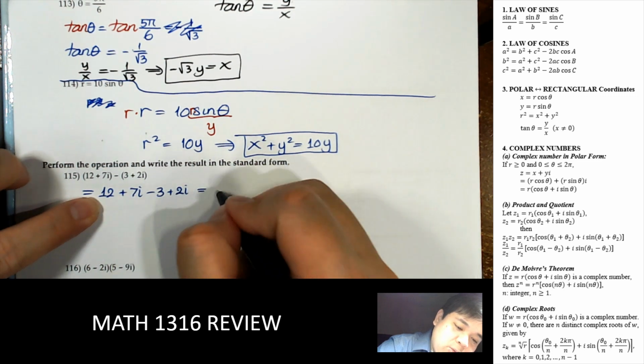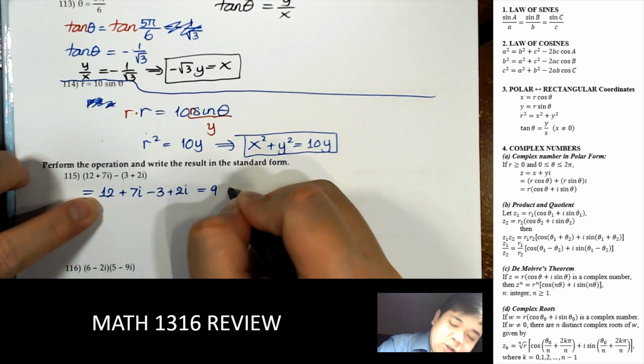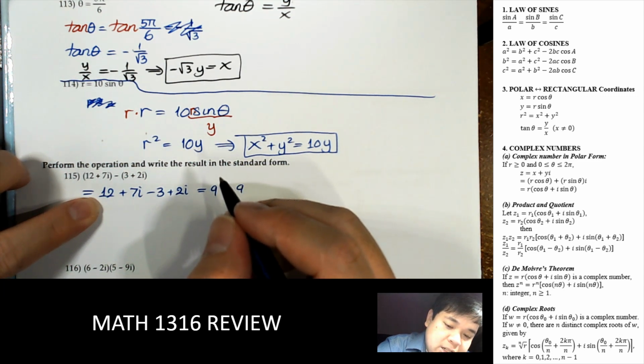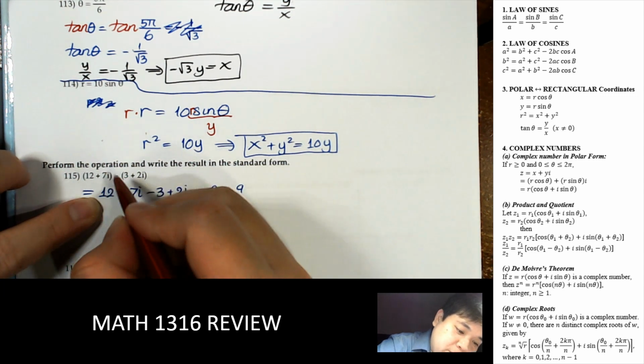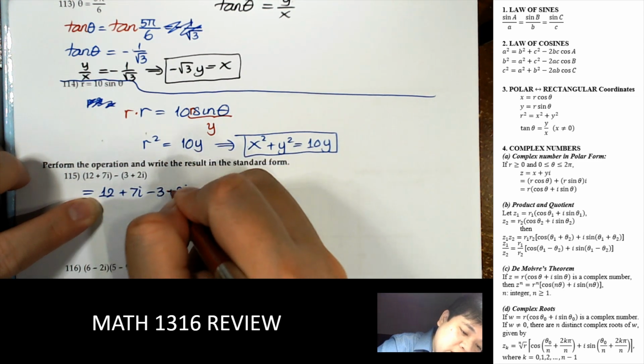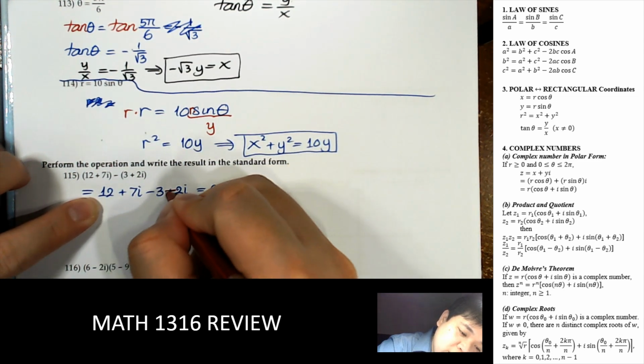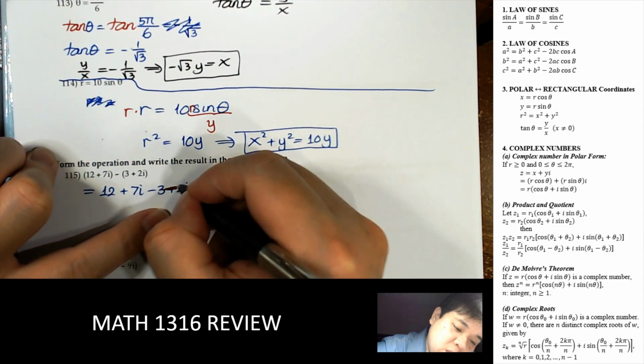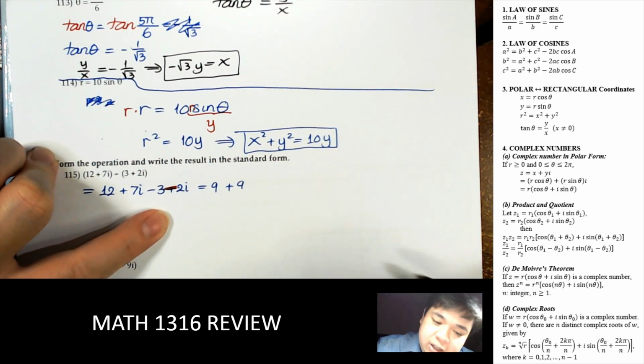So 12 minus 3 is 9, and so that's 9 plus 9i. Except I did it wrong. The minus should distribute inside, so that should be minus 2i, and 7 minus 2 is 5i.